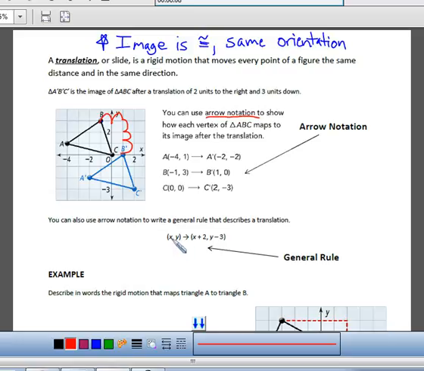What do we do to the x and the y value to get our new point? Well, we add 2 to the x, so -4 plus 2 is -2, and we subtract 3 from the y, so 1 minus 3 is -2. So that's how you come up with the rule.